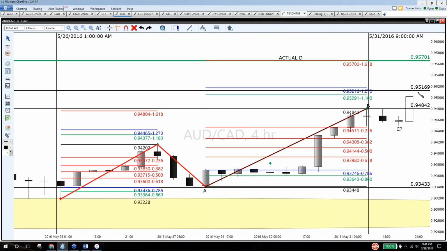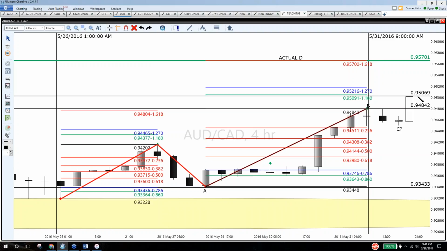I would have to look to buy this market right here. But when trading Fibonacci, according to the rules, I'd have to place my stop loss down here, 10 pips below the A. And I'd be looking to limit out, not directly at the D extension, but 10 pips before the D extension. So here, at 60.